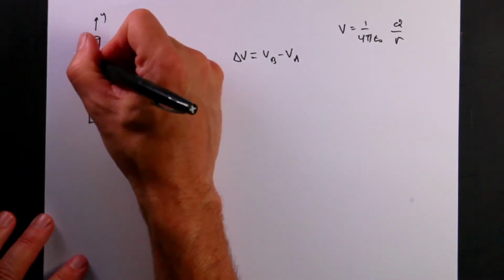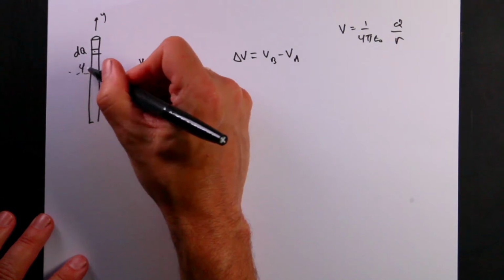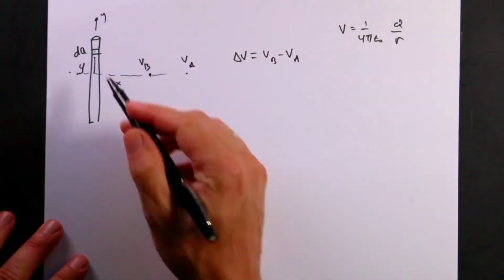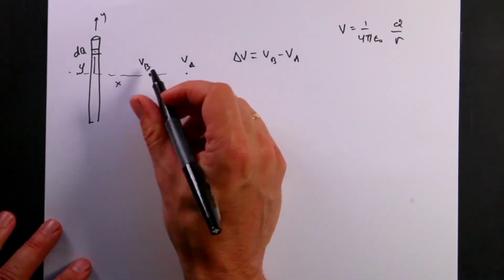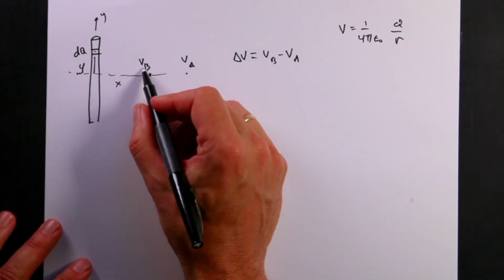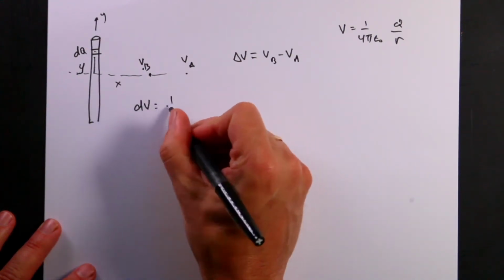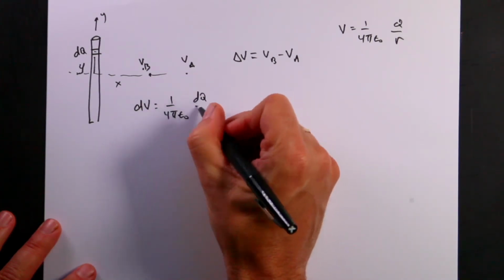So this is a point charge, has a charge dq. It has a location of y. And so what's the potential right there due to that point charge? Well, it's going to be dV. I'm just going to find the potential at this point a distance x away. So dV equals 1 over 4 pi epsilon naught dq over r.